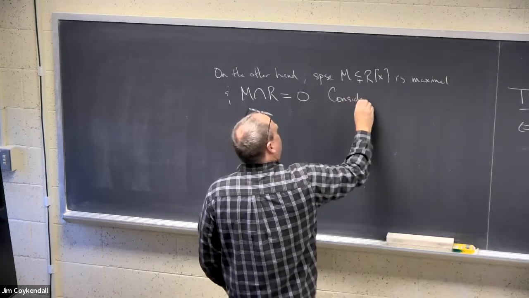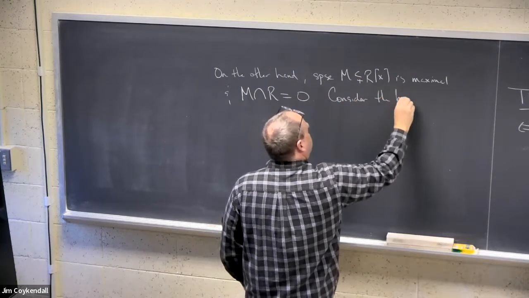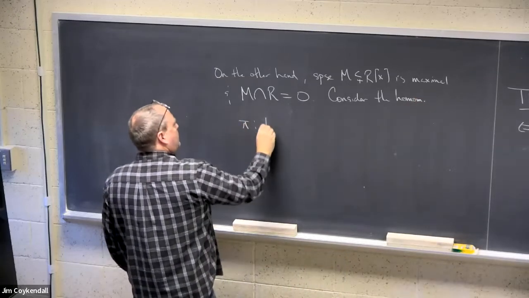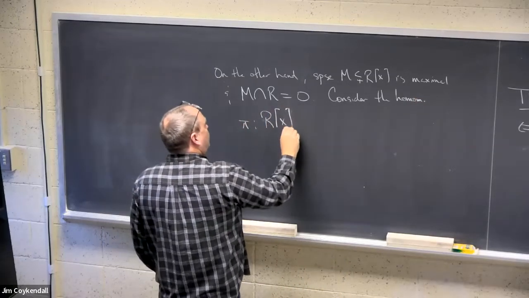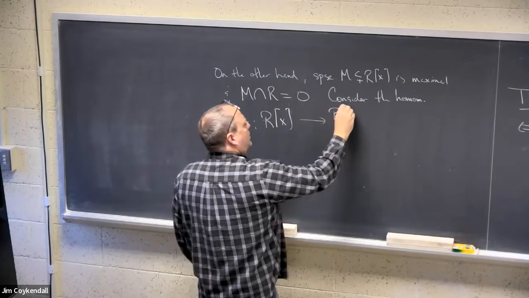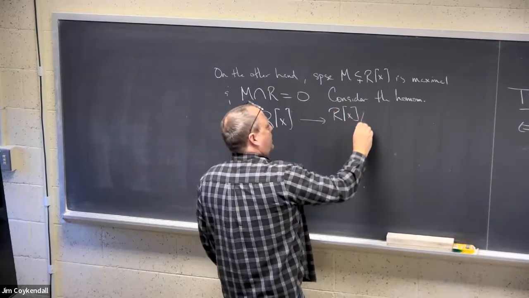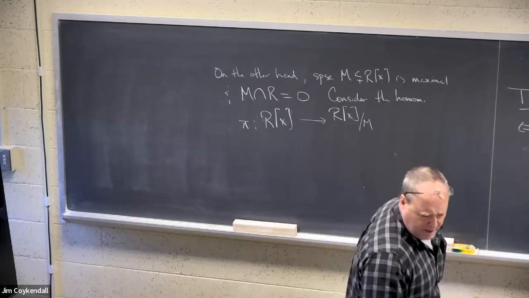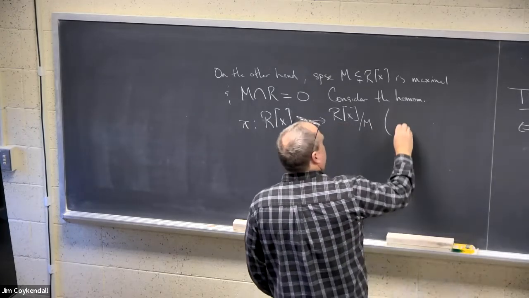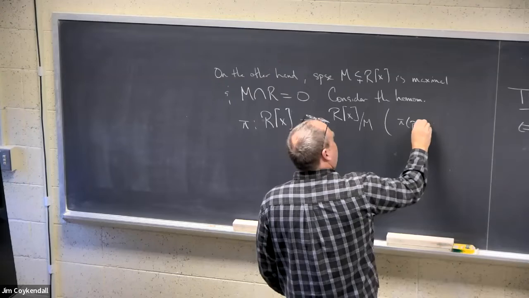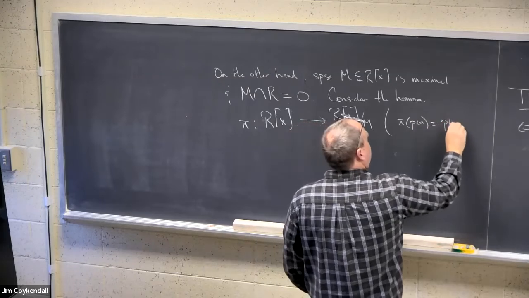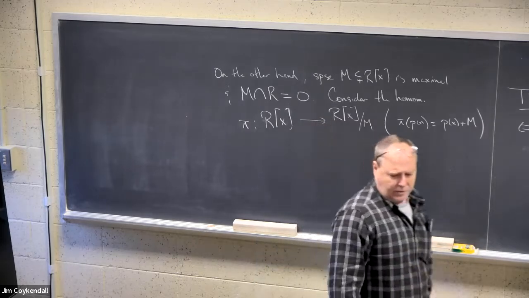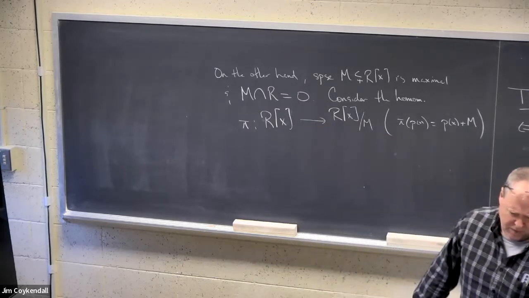Consider the homomorphism pi from R[x] to R[x]/M. This is the standard homomorphism that you would think: pi of P(x) equals P(x) plus M, so it just goes to the corresponding coset.